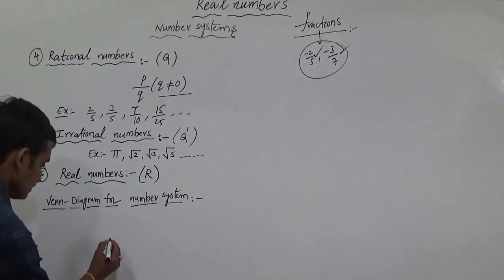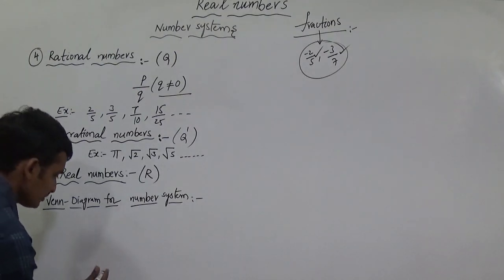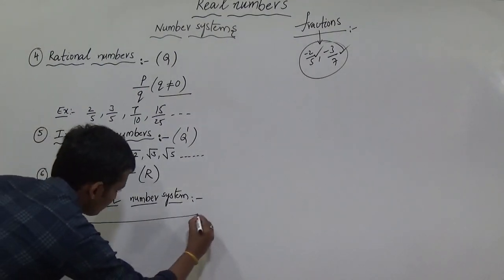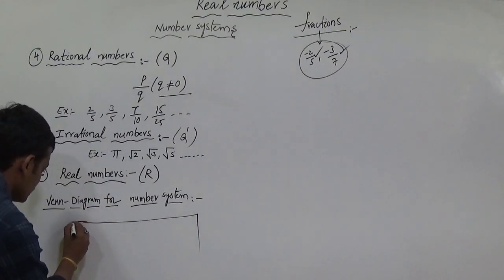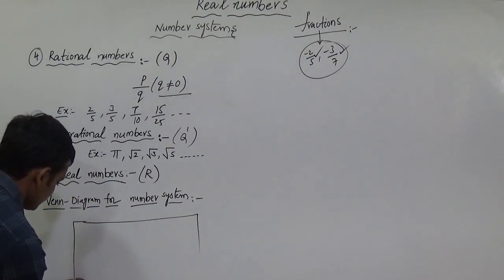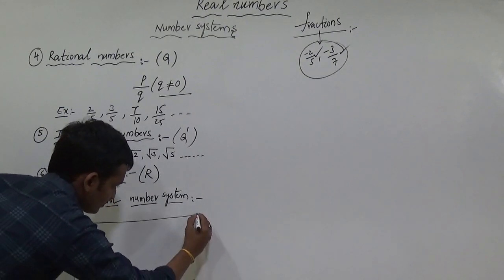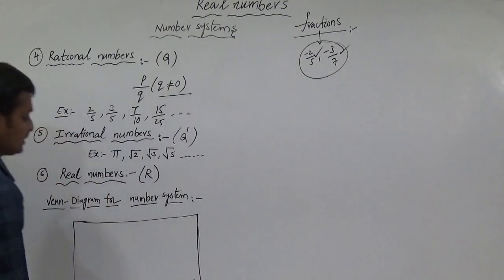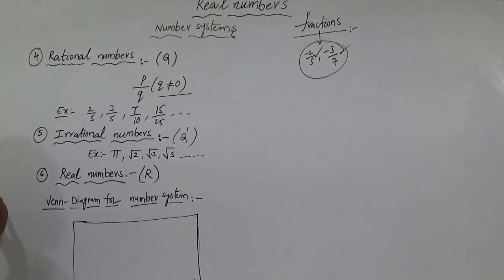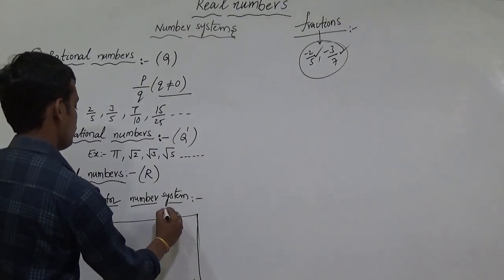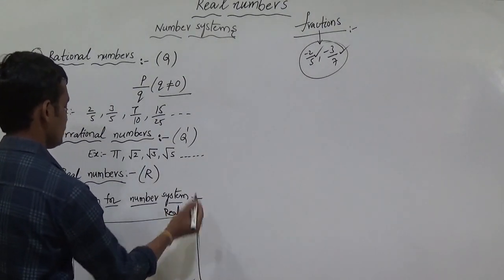Can you see here? The big set, the rectangular box, is real numbers.